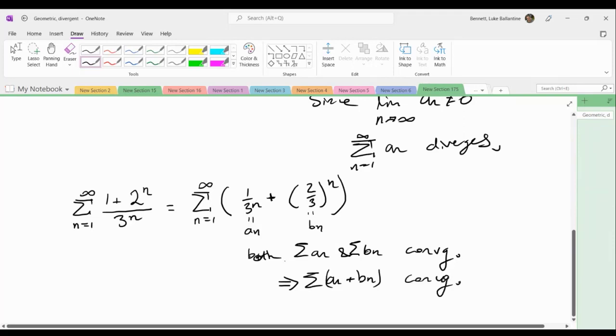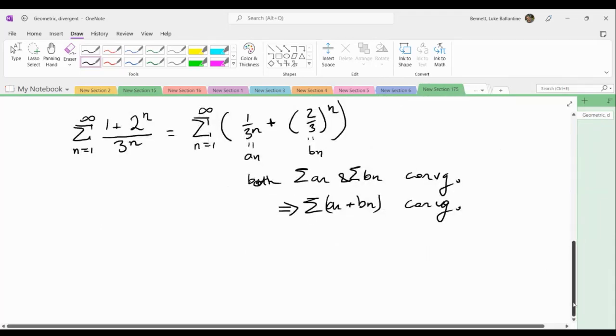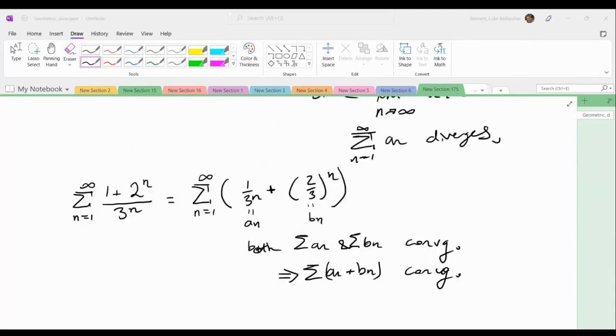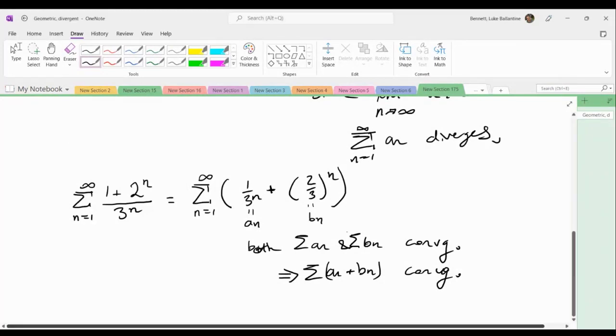I'm pretty sure this is right, because we couldn't get infinity out of a finite number. As opposed to the other one, which was different because one of them was divergent.